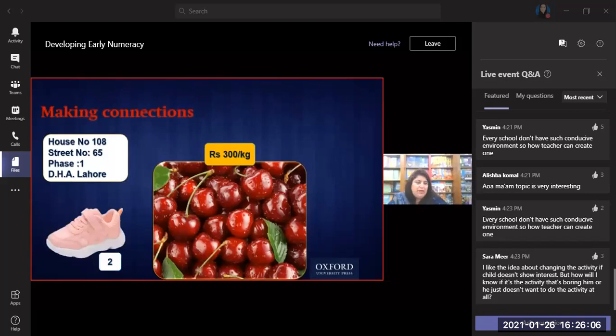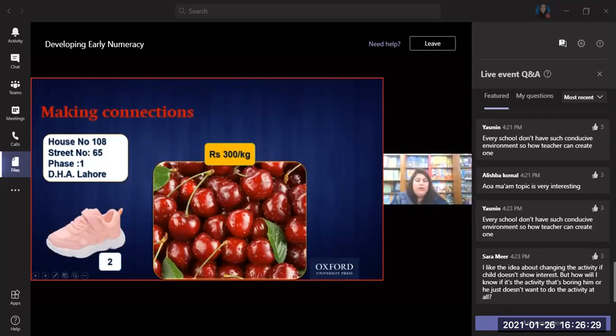And when you take them out for shopping, maybe for buying their shoe, what number of size would fit them? Like here, we can see a pink color shoe of size 2. Then when you go out for purchasing, what is the price for a kg of cherries?